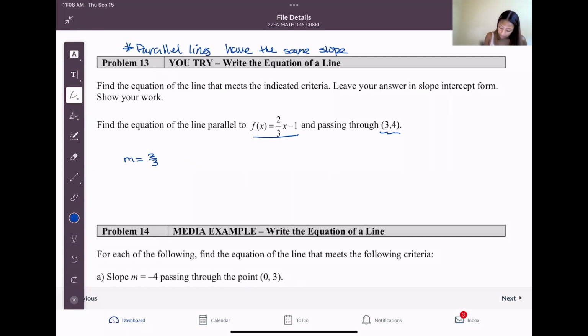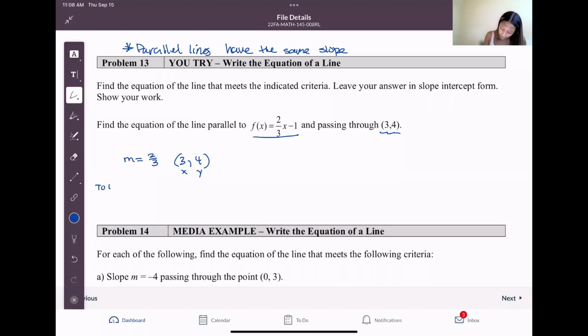So this gives us a value for x and a value for y. Then this is just like the problems we did earlier where, if we know the slope and we know the point, we can use slope-intercept form to find b, and then we can write out the equation of the line with the slope 2/3 that goes through the point (3, 4). All right, let's do this.